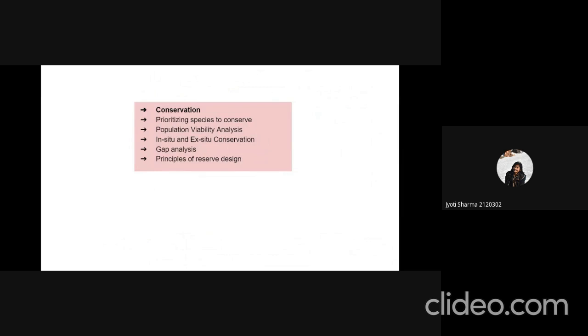But we can't safeguard all the species, and we have to select some species to conserve. So what should be the criteria to select the species? These are the species that we need to conserve, but we can't conserve all of them, so what will be the criteria?